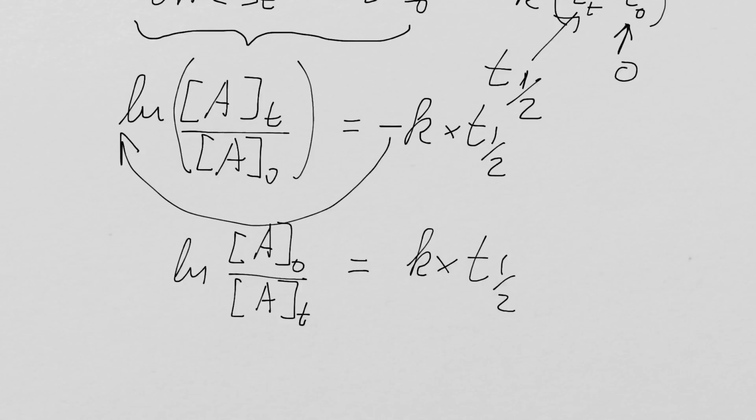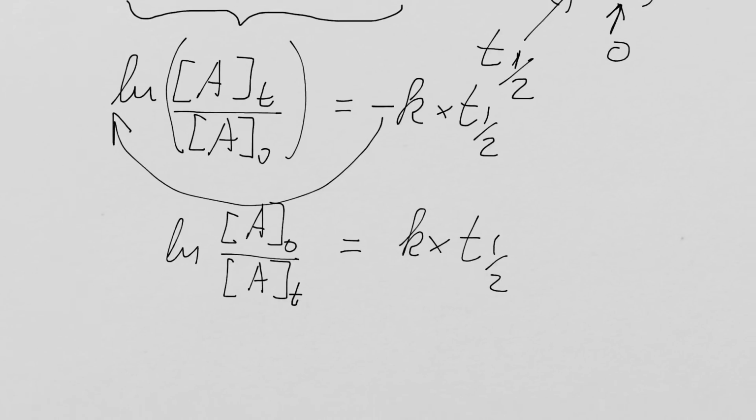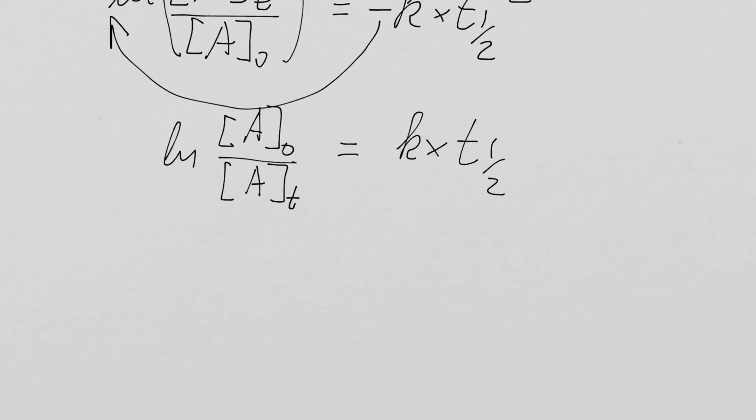Now I can do something really nifty. I can say, okay, let's start with 100 sweets. And I want to see what's the half-life. How many sweets would I have after a half-life? How many sweets would I have in this case? After, 50.